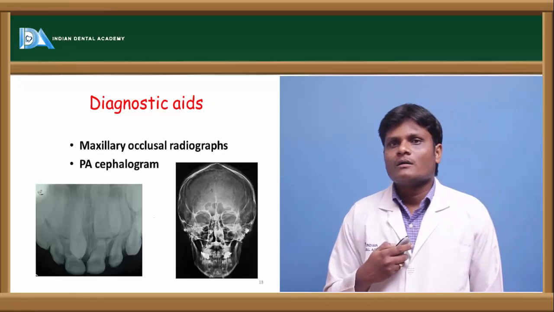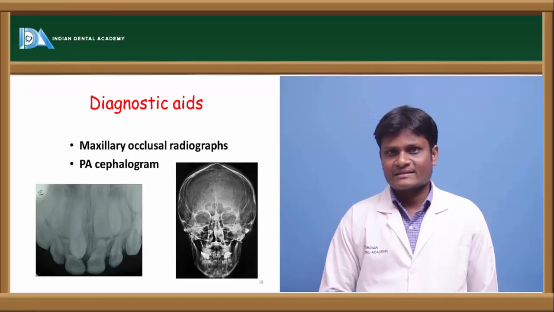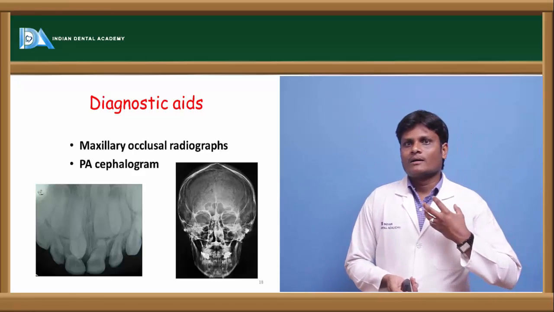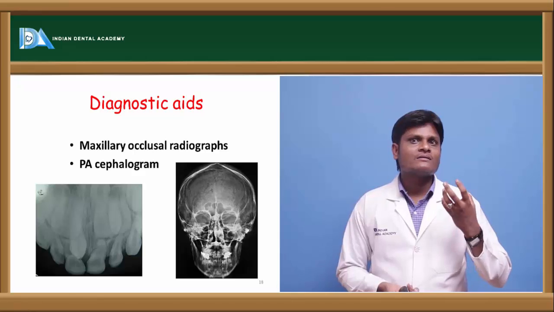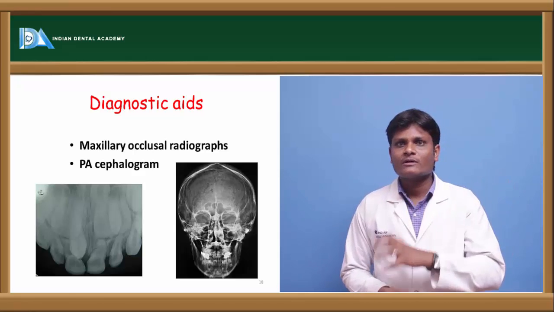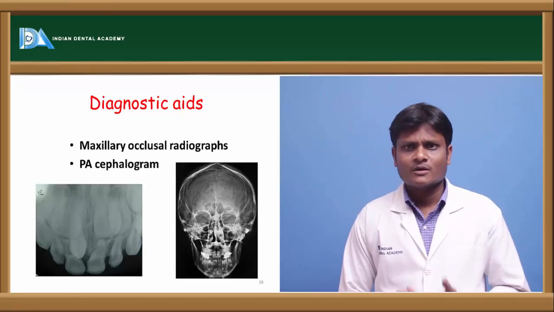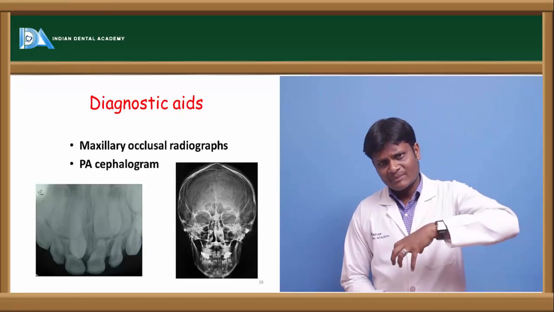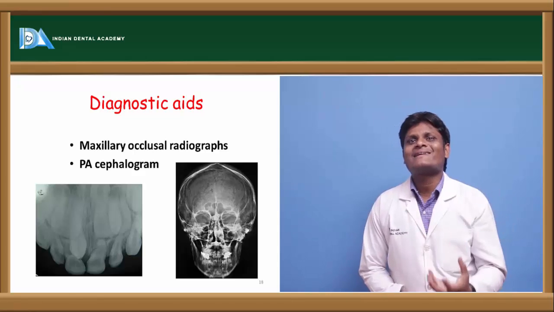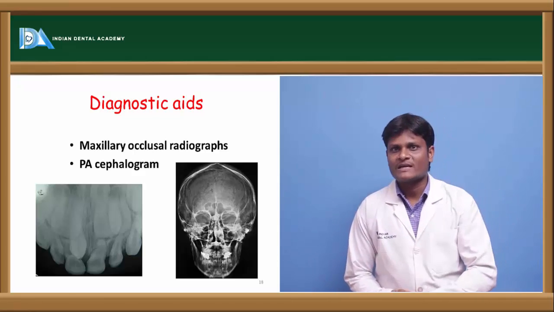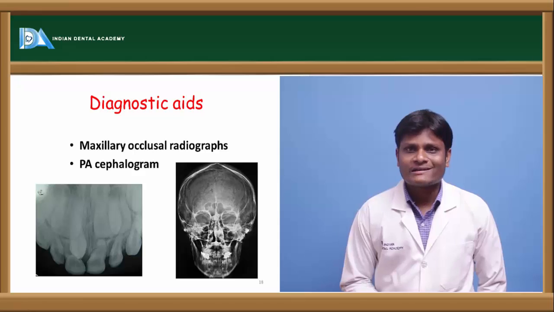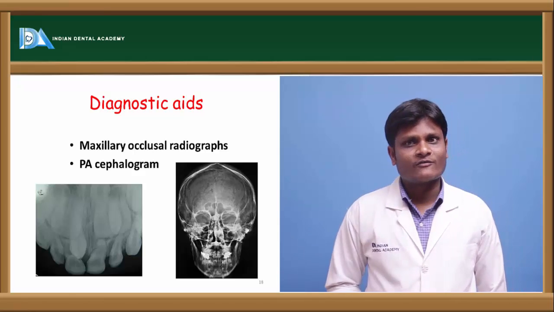Before instituting rapid maxillary expansion, our treatment plan should have a good supplementation of diagnostic aids. The diagnostic aids mainly used before rapid maxillary expansion to finalize the plan of expansion are the posterior anterior cephalogram and the occlusal radiograph.